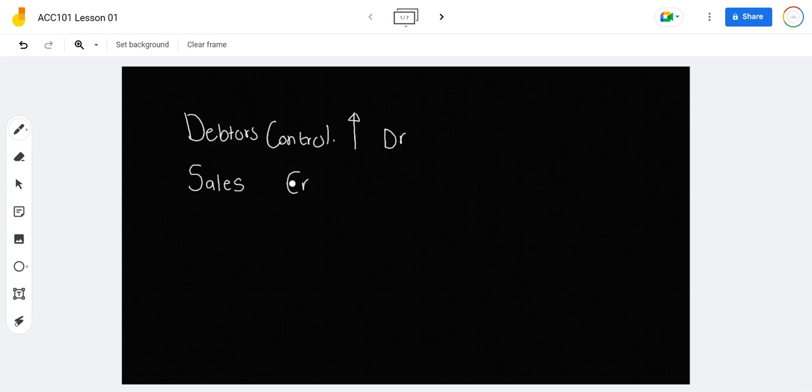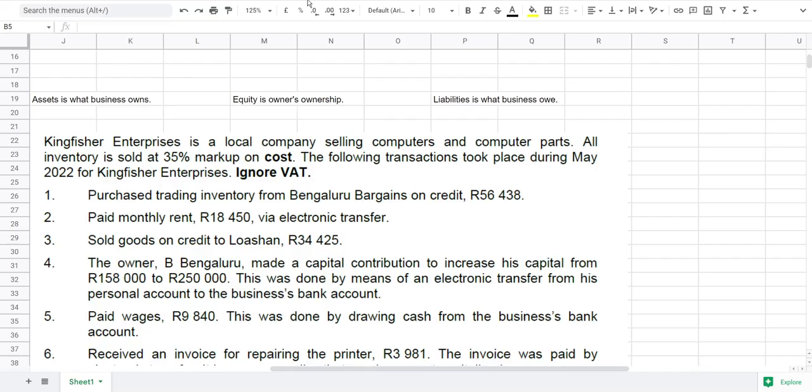Okay, and that is because sales is an income. And then we did say at the beginning that expenses and income are recorded under equity. So that is because sales is an income, so it's going to increase on the credit side. Remember, equity increases on the credit side.